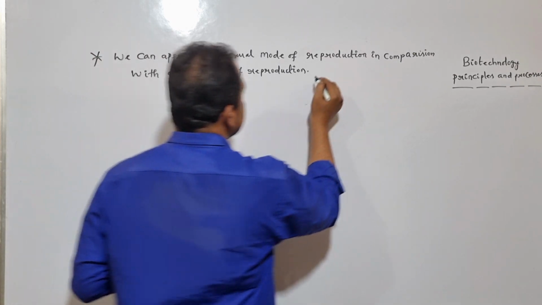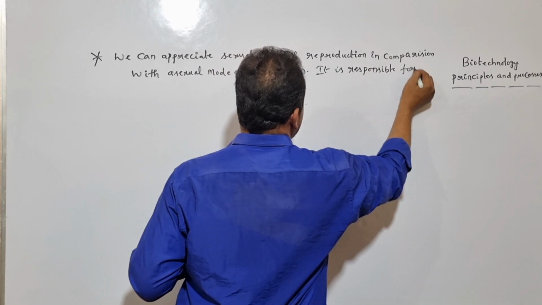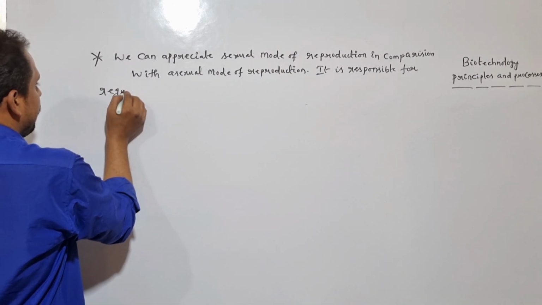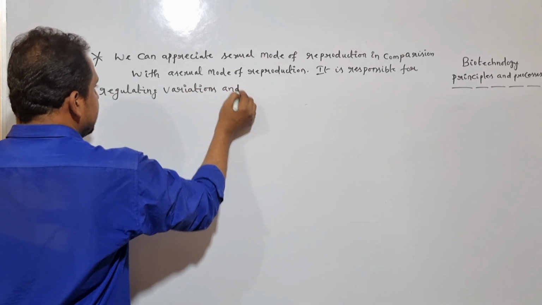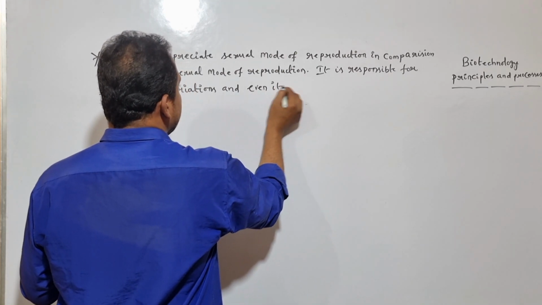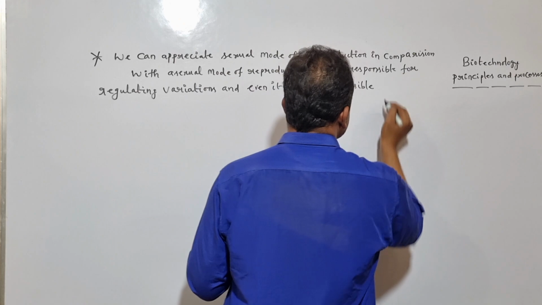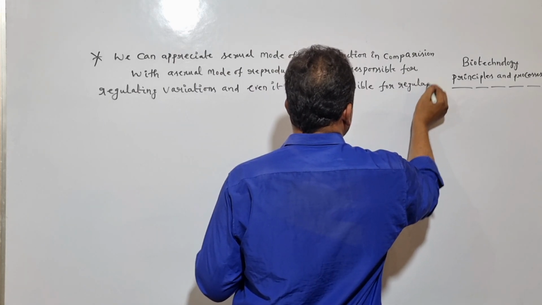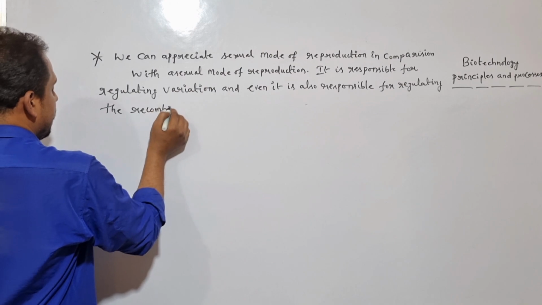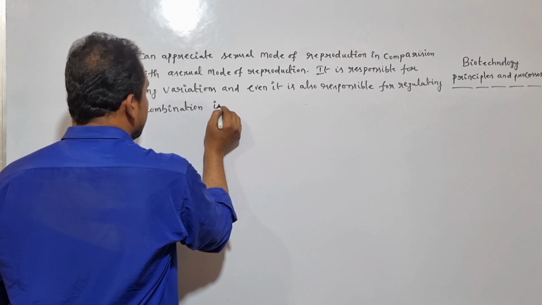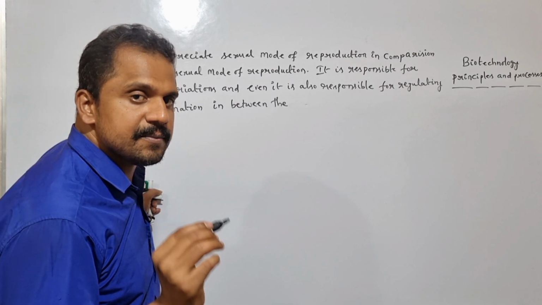Here, the sexual mode of reproduction is responsible for regulating variations, and it is also responsible for regulating the recombination in between the unique genetic setup among the living organisms or within the population.